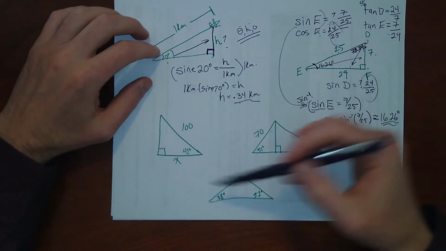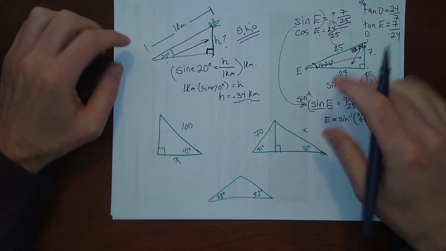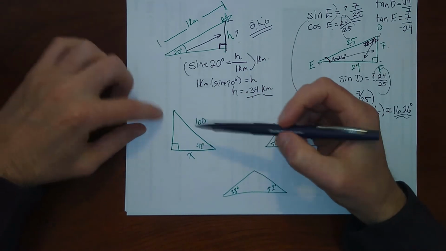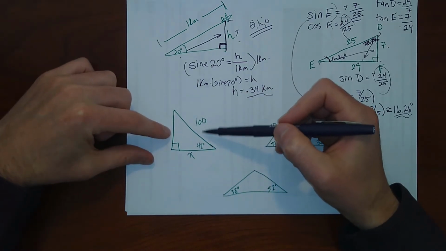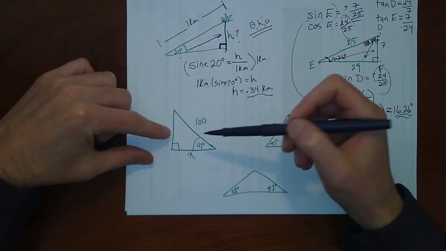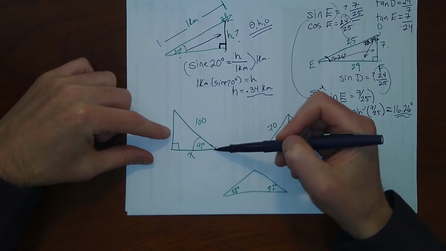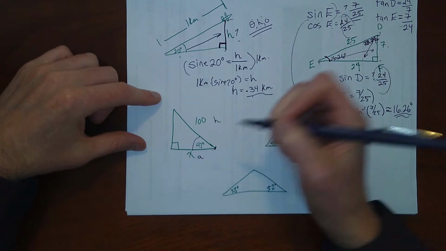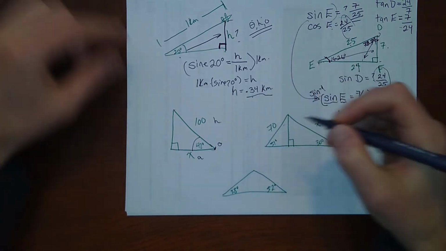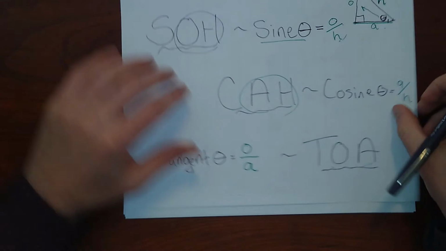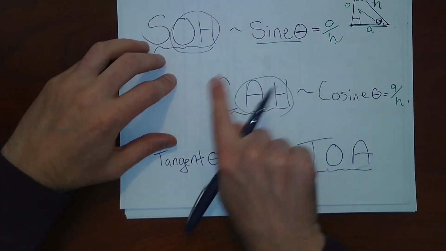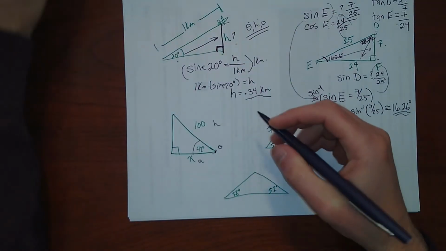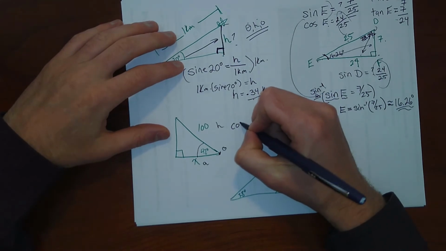Okay, now some practical examples. We have here a right triangle with a 42-degree angle, and we want to know the side that's adjacent to it. We have a hypotenuse, we want the adjacent side, and we have an angle. So hypotenuse and adjacent, that's cosine.